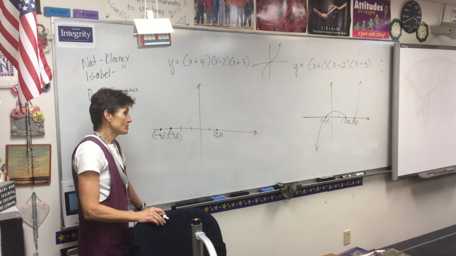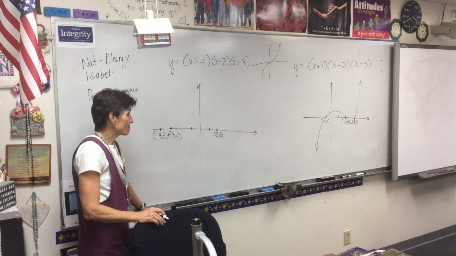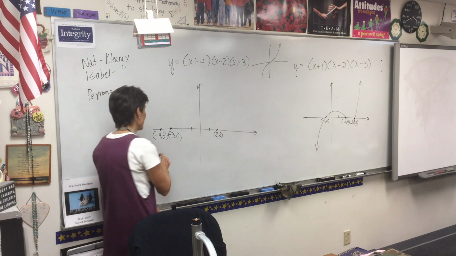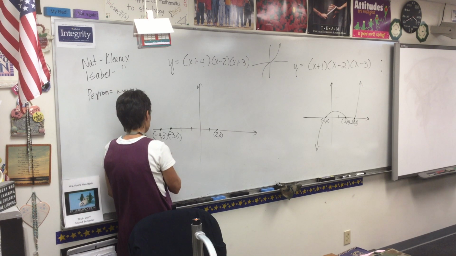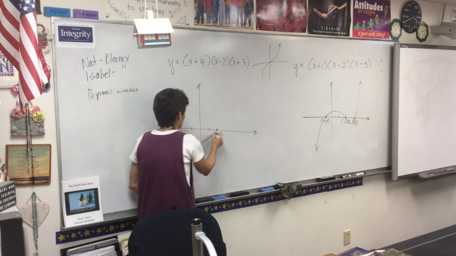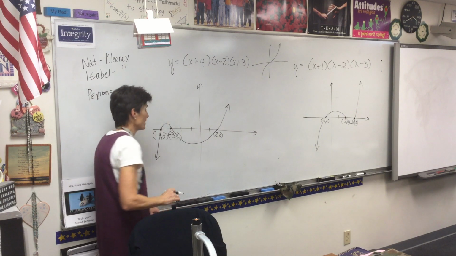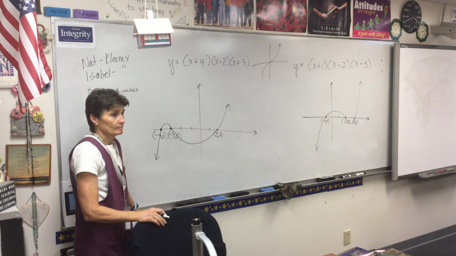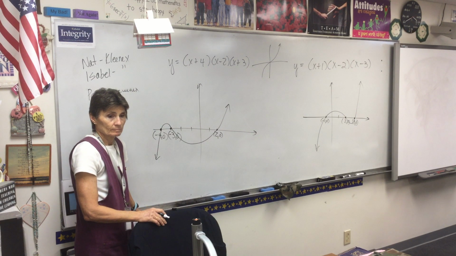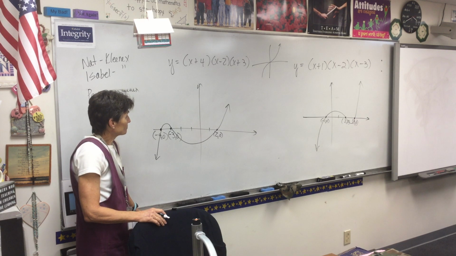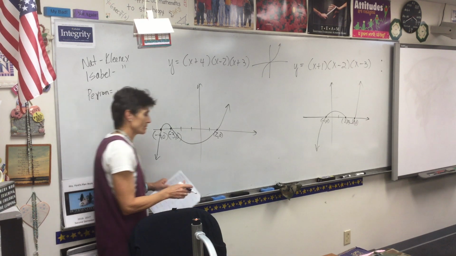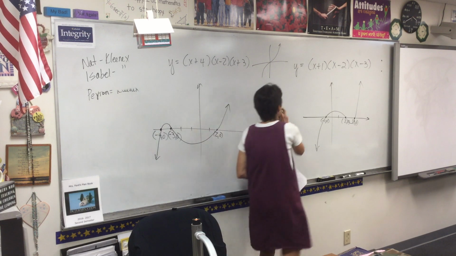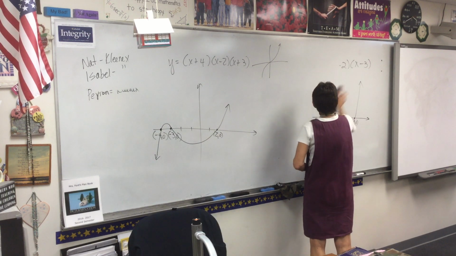Now I need to connect all those dots with a squiggly line. And because it's a cube, I know it starts down, so it starts down here. Here we go. Who needs a graphing calculator? Not us.